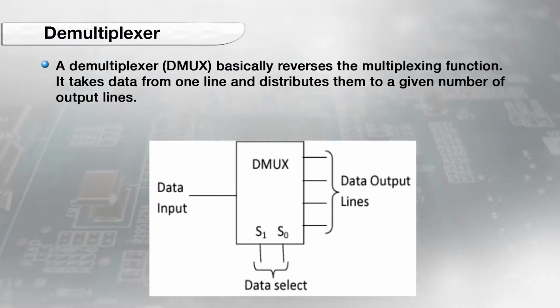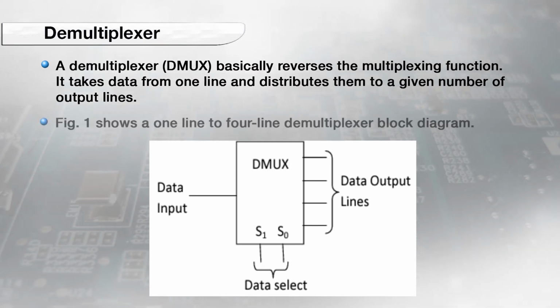A demux or a demultiplexer basically reverses the multiplexing function. It takes data from one line and distributes it to a given number of output lines. This figure shows a demultiplexer.